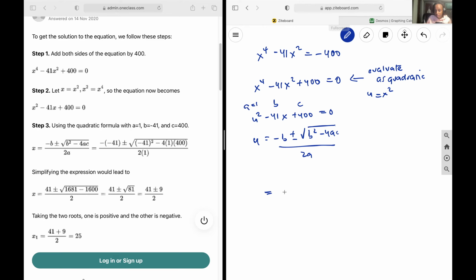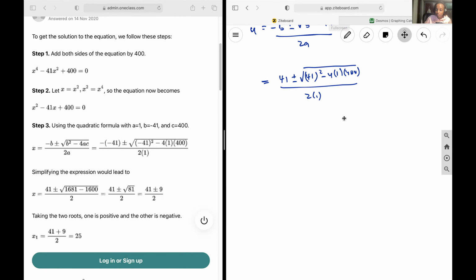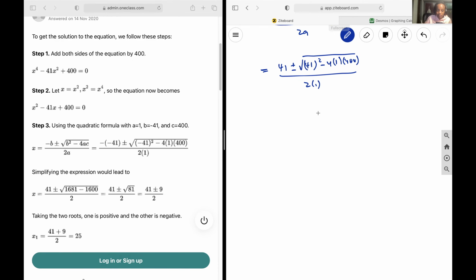And so if you just plug in all of that, that becomes 41 plus or minus the root of 41 squared minus 4 times 1 times 400, all over 2 times 1. And this is going to become 41 plus or minus the root of 1681 minus 1600 over 2.